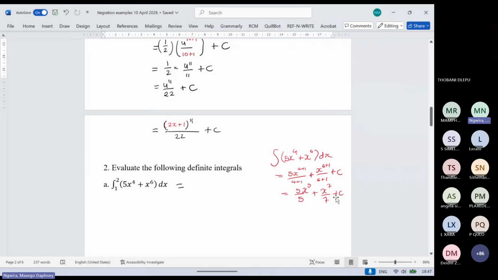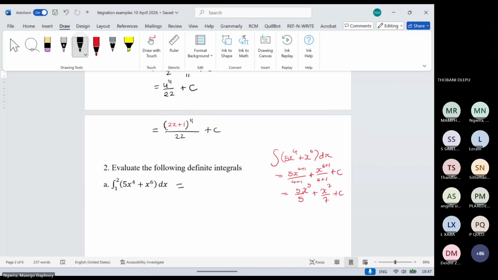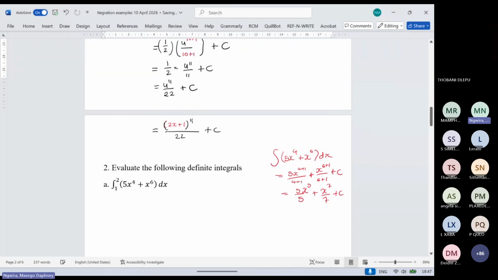So I'm not going to include the c. If you want to understand more, you'll see from your study guide that they actually cancel out because the other one will be on the minus sign and the other one will be on the plus sign. So I'm going to integrate before I apply my limit.